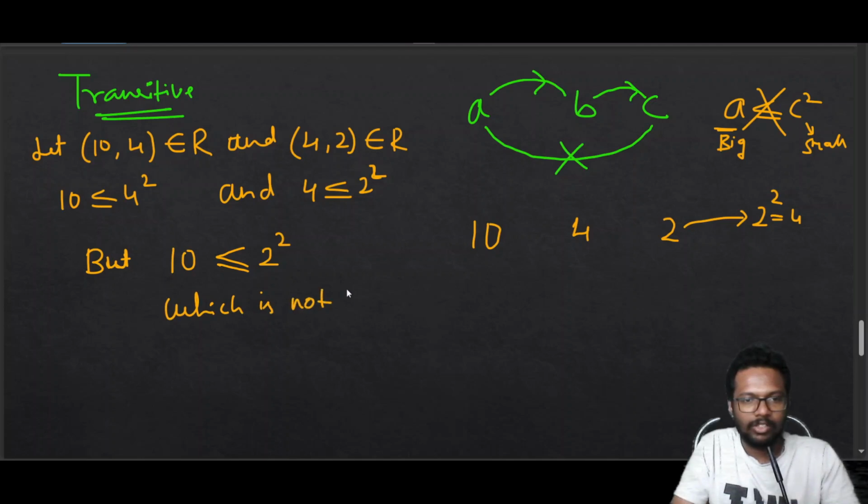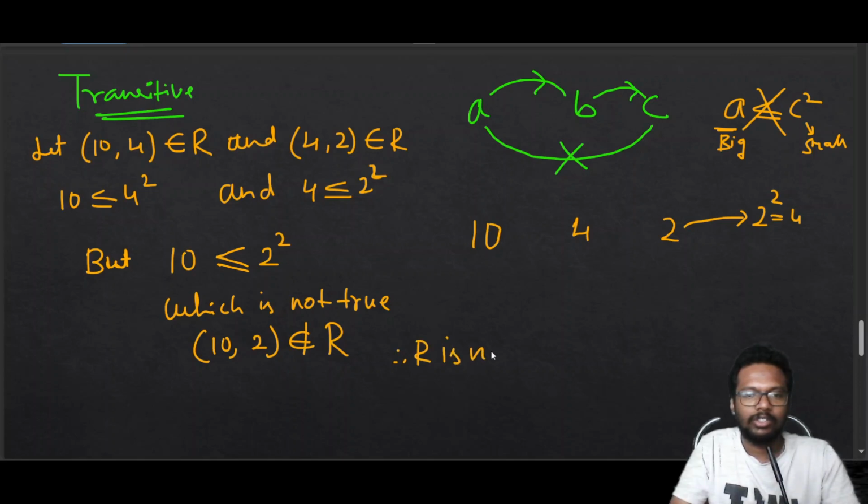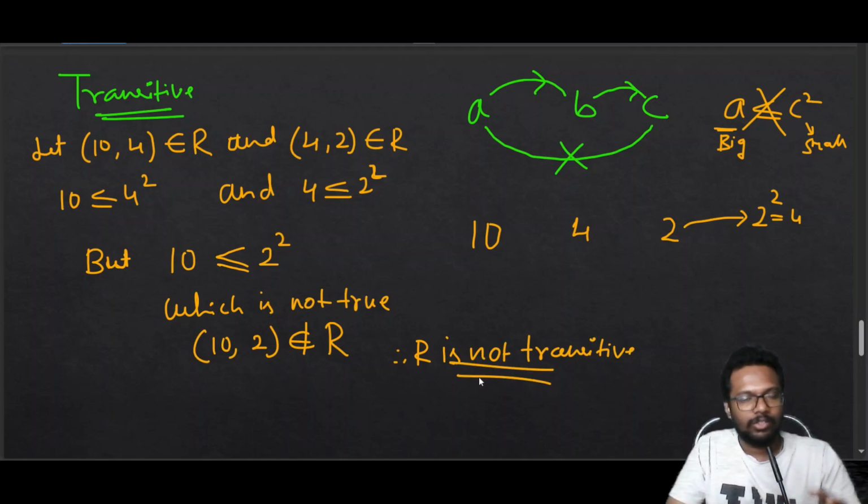If it is not true, then the first element 10 and last element 2, (10, 2), does not belong to R. If it does not belong to R, then we can conclude R is not transitive. I hope you understood this question.